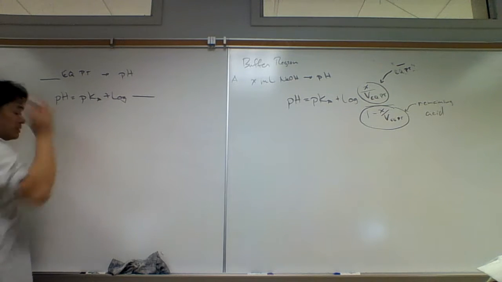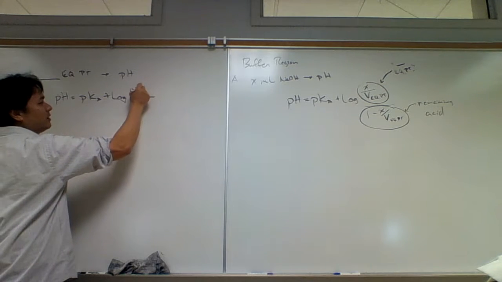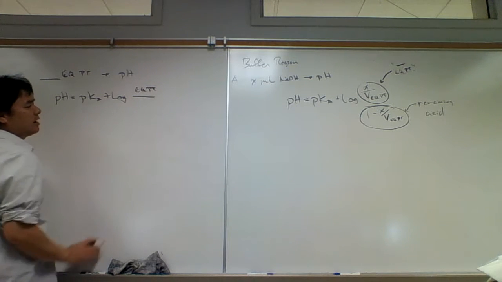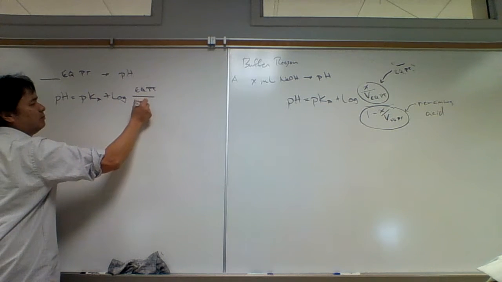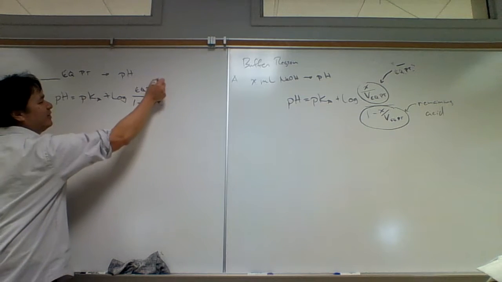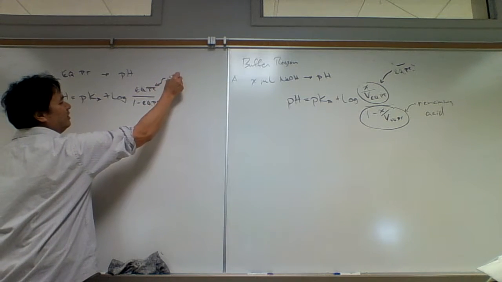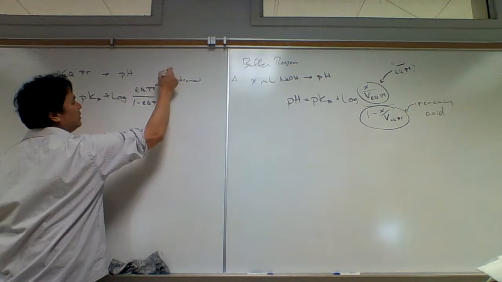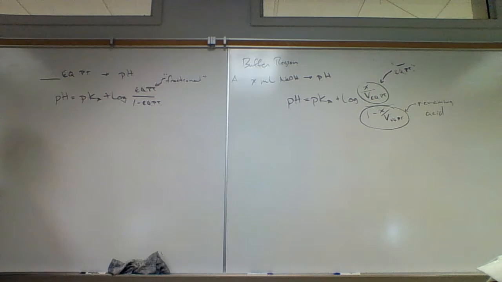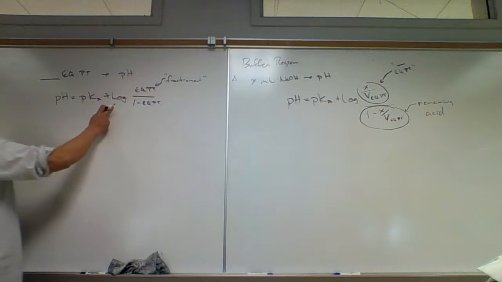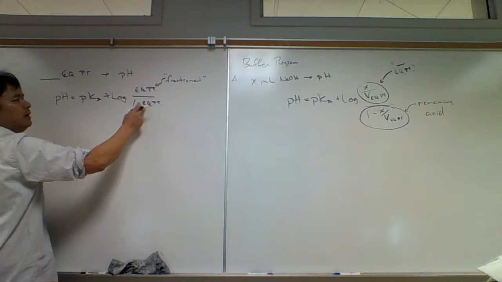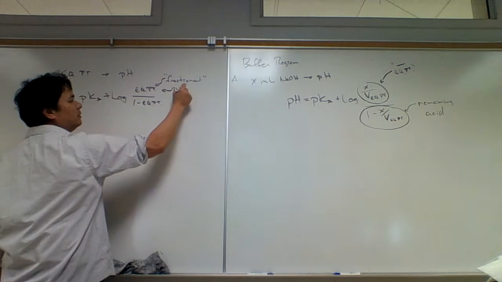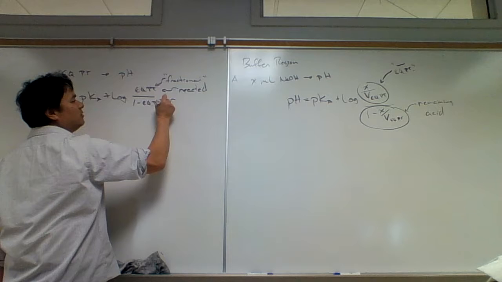The equivalence point would be some fractional equivalence point, the 1/2, the 3/4, the 1/10, whatever we want. If we were at the 1/4 equivalence point, then we put 1/4 at the top, and 1 minus 1/4 would be 3/4. This is the amount that's reacted, and this is the amount that's left unreacted.